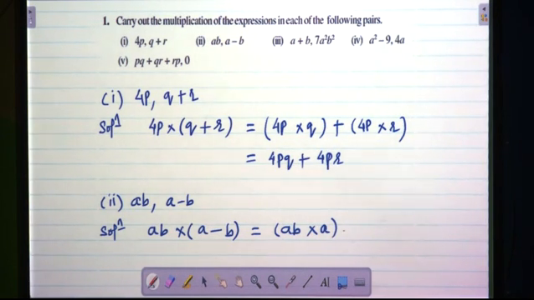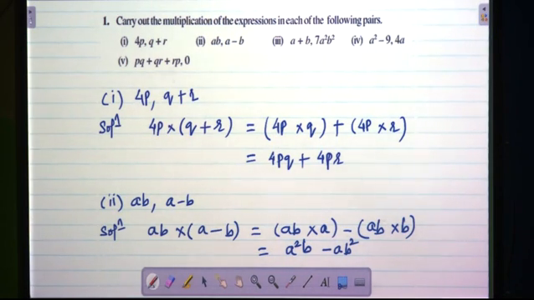So, we are putting a minus sign because plus into minus is minus. AB into B. So, what is the answer we are getting? AB into A, we are getting A square B, and minus sign in between. AB into B, we are getting AB square. So, this is the second sum that we have solved.